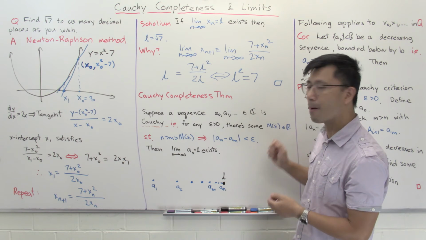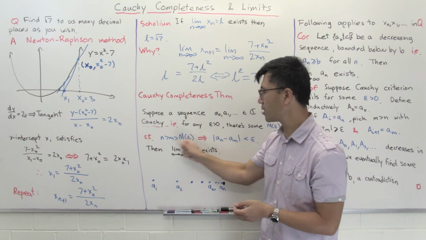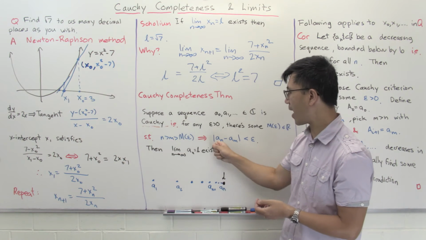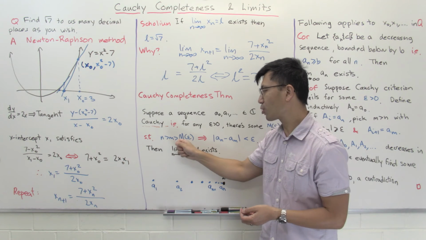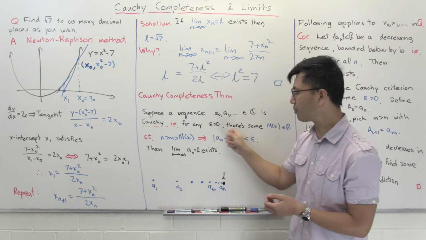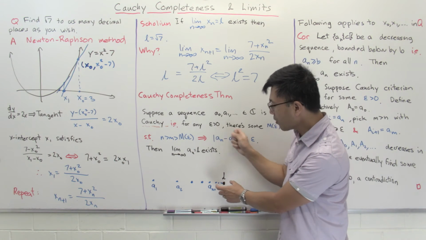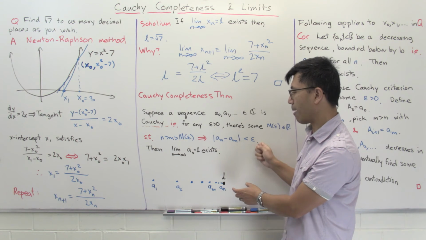We can make it a real number or an integer, it really doesn't matter. So after this point in time, if you're looking at sequence values an and am, where n is greater than m, so they're both greater than m, the difference between the values of an and am is less than epsilon.